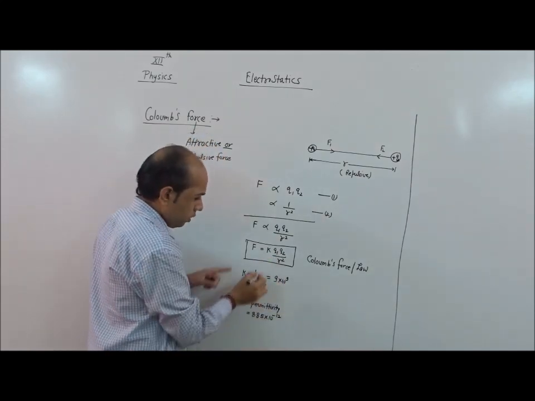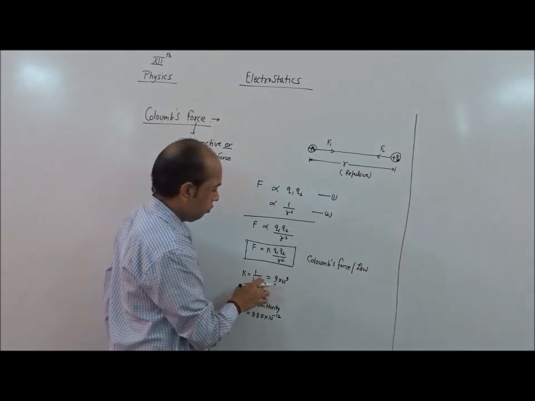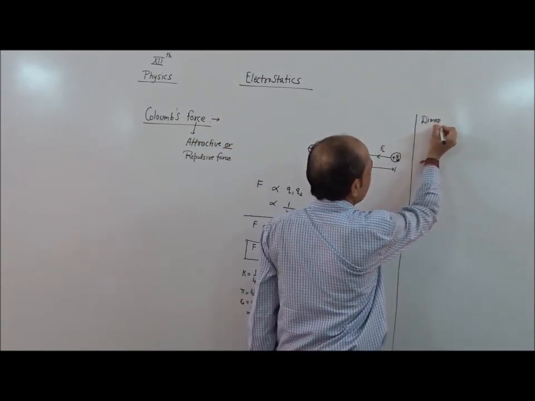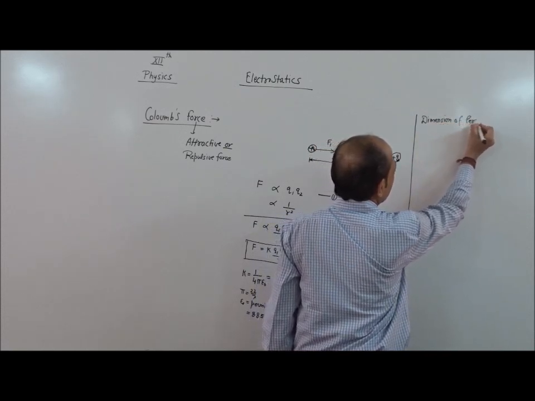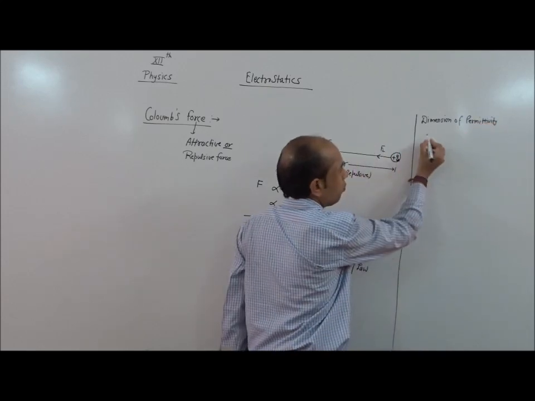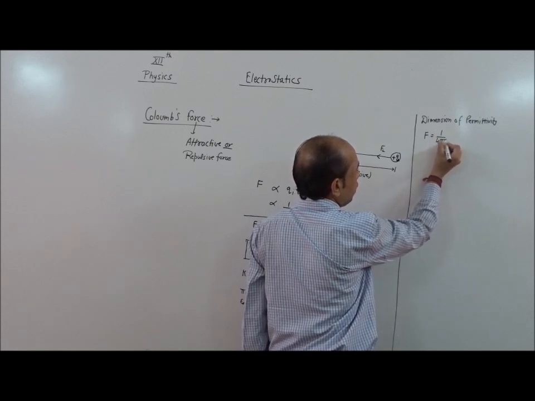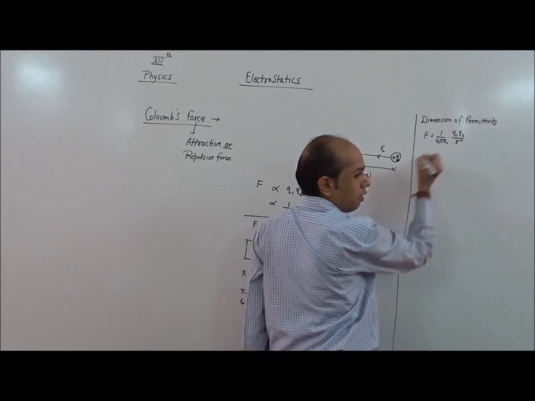Now we see what the dimension of this epsilon naught is. In order to get the dimension of permittivity, first we put the value F equals K, that is 1 upon 4 pi epsilon naught, Q1 Q2 upon r square.